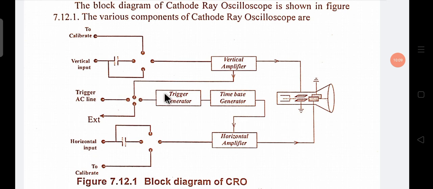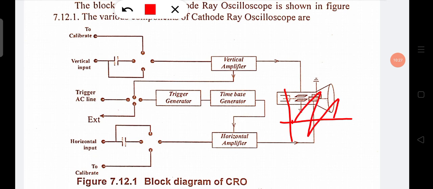That triggering generator triggers the time base generator, and the time base generator generates a sawtooth wave. Sawtooth means like this. This is a sawtooth wave.